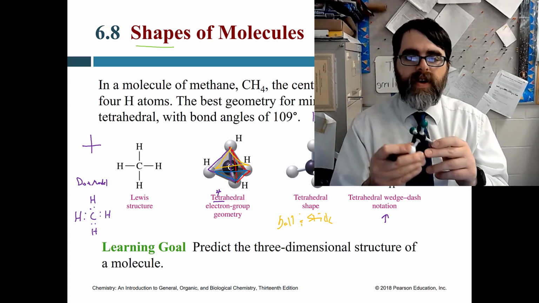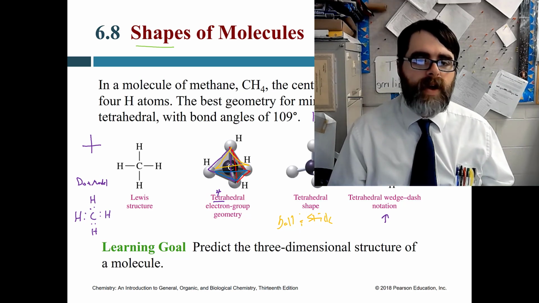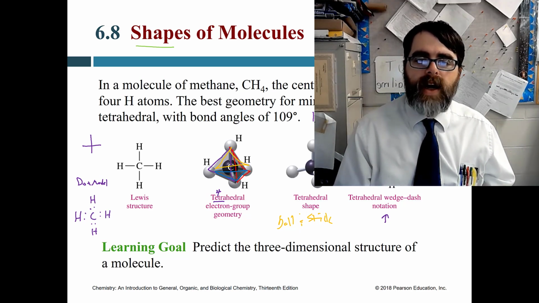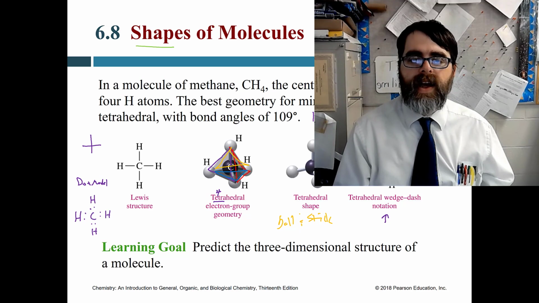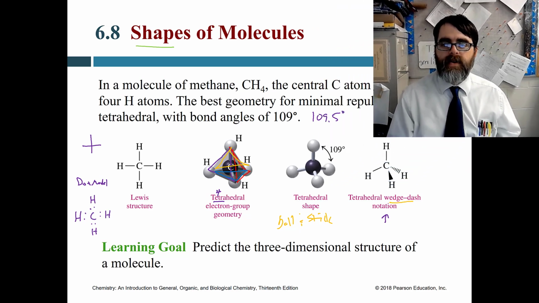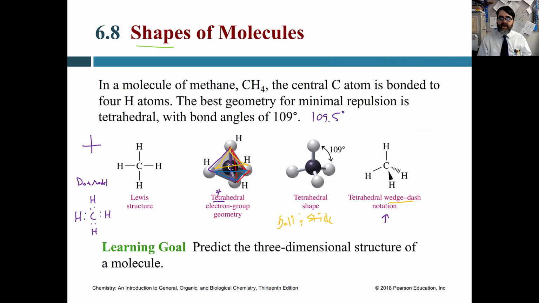But drawing in 3D is difficult, and one way that we can kind of quickly note that is with something called a wedge and dash notation. Now, I've seen it done like this, although I'll be honest, most of the times I've seen it, the triangle here is turned around.